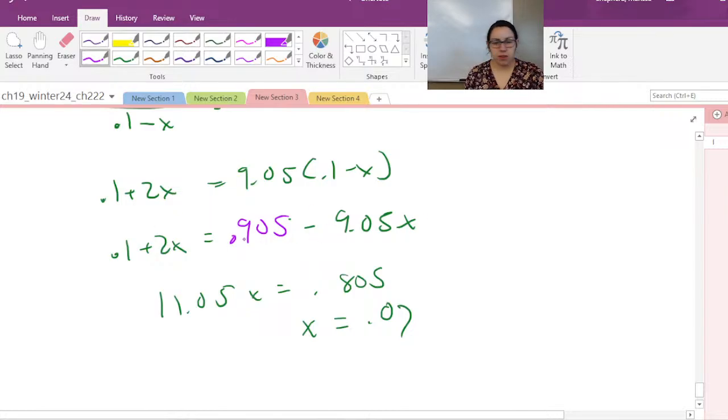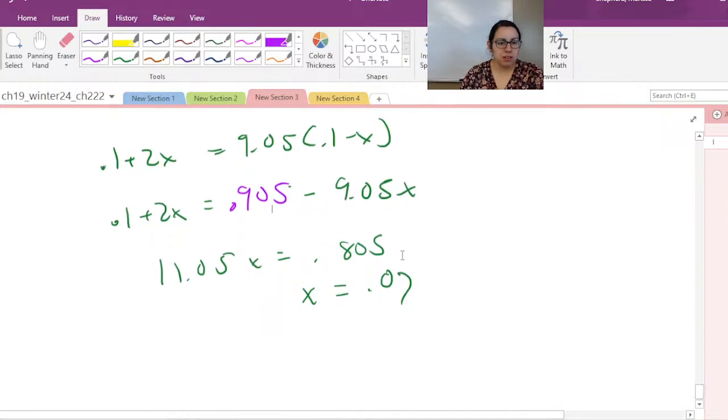And then simplify the variables. So now add 9.05x, right? So then you get 11.05x, and then minus 0.1 gives you the 0.085.